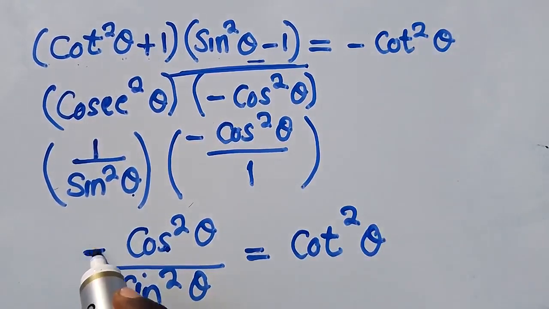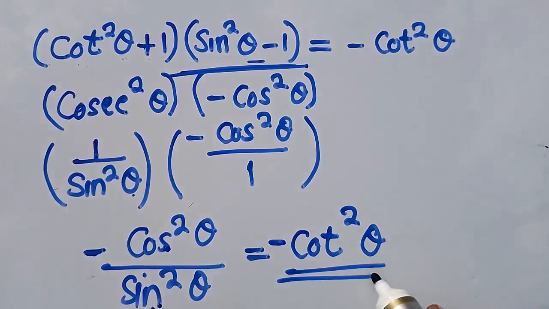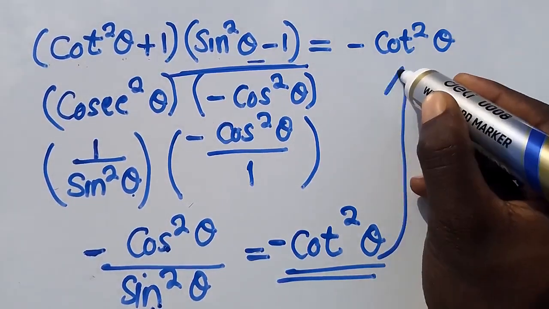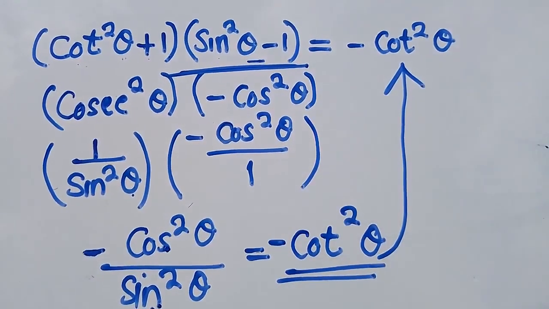There is this negative, so I include a negative here. So this is the answer I've proven, just the same as that one. This is how you are supposed to be working out all these things. These are simple things that you need to practice.